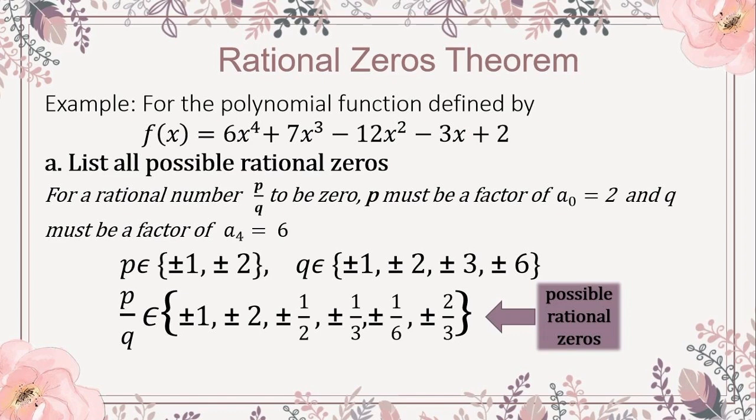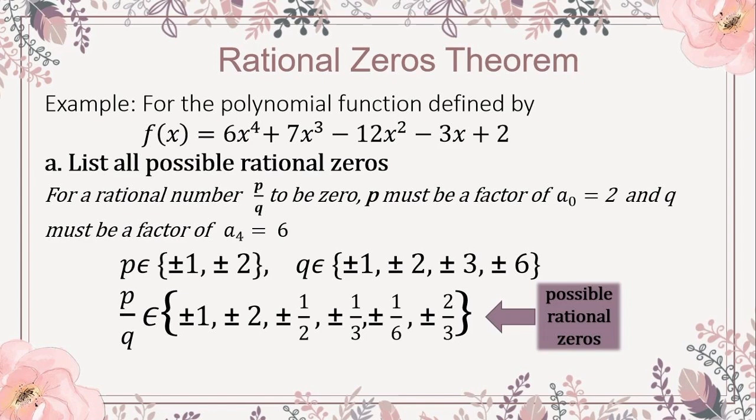And q must be a factor of the leading coefficient, the number in front of the highest power of x, which is the 6 in 6x to the power of 4. So q must be a factor of a sub 4 is equal to 6.